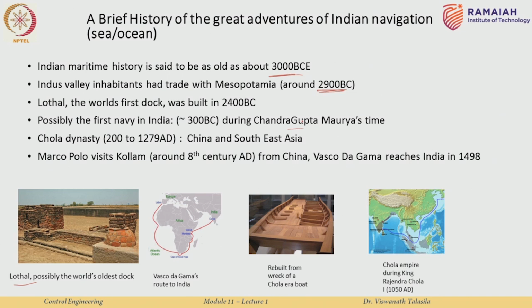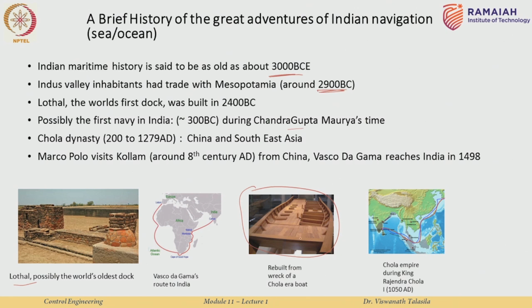The Chola Empire, lots of us would have heard, had its influence extending all the way across these regions. And of course, you could not have done that without extraordinarily good maritime navigation. In fact, if you look at this picture over here, this is in a museum somewhere in Calicut or somewhere, I am really sorry, I am not able to recall that.